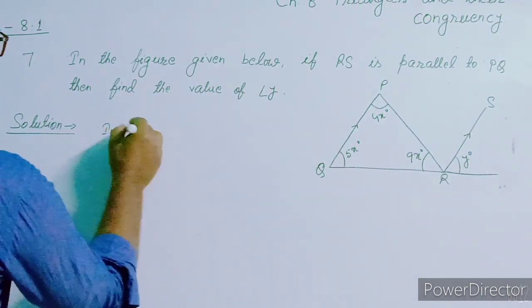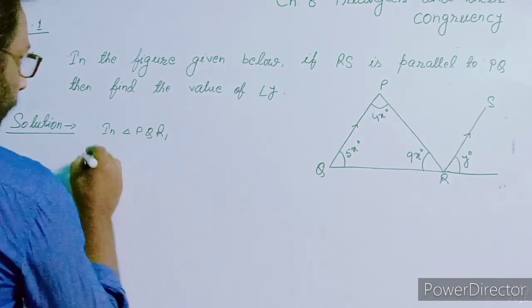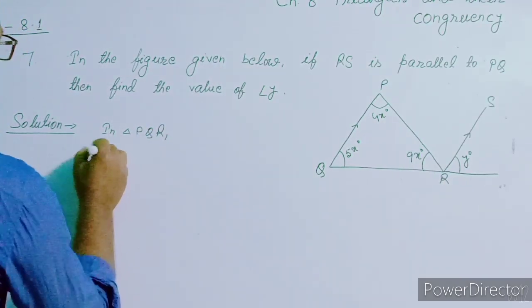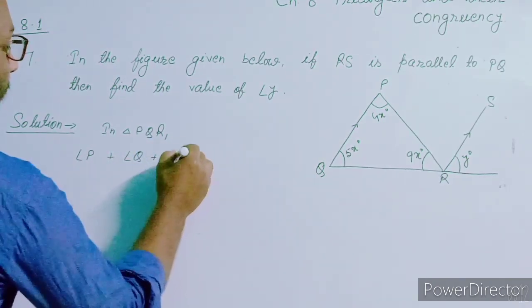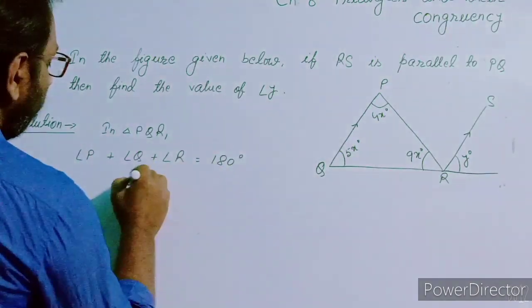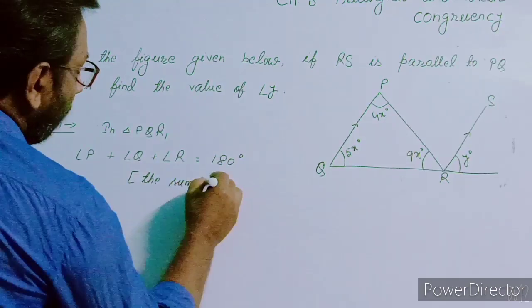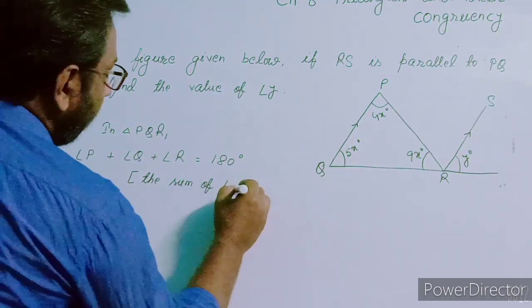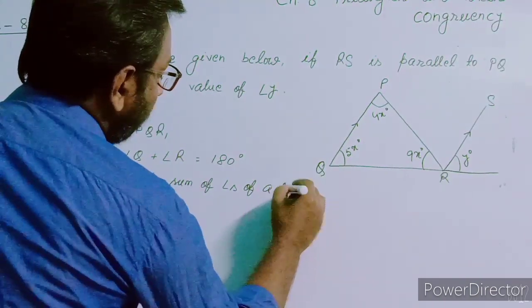In triangle PQR, angle P plus angle Q plus angle R equal to 180 degree. Reason is the sum of angles of a triangle.